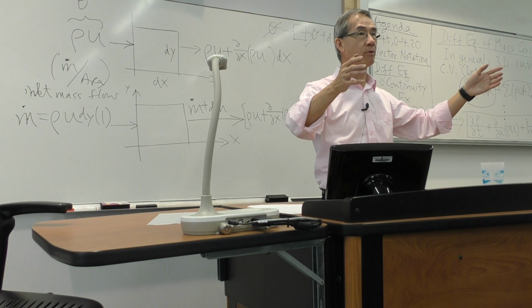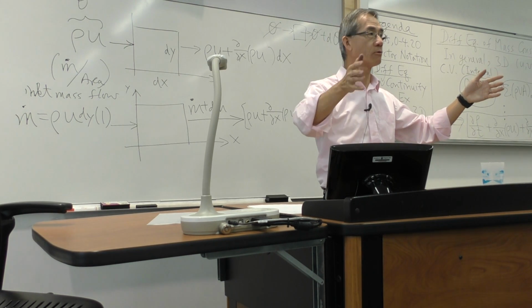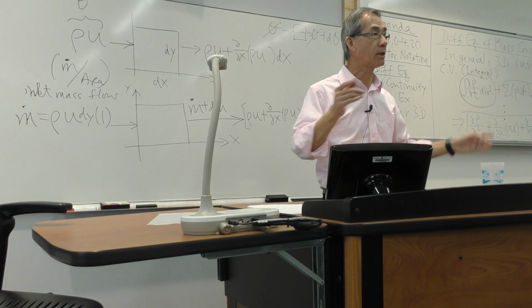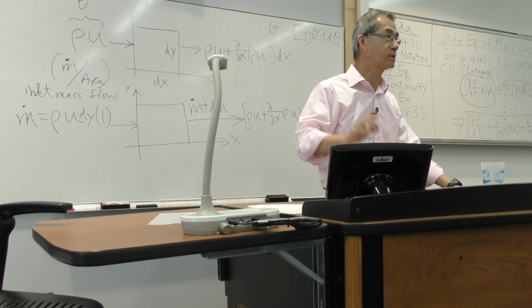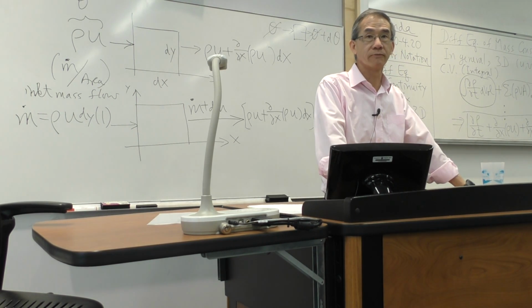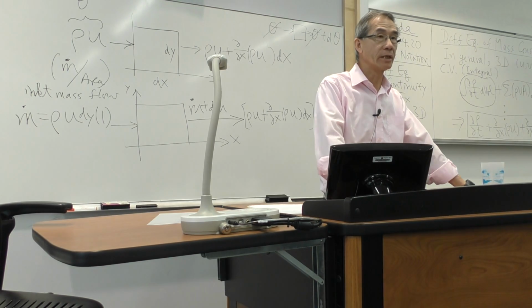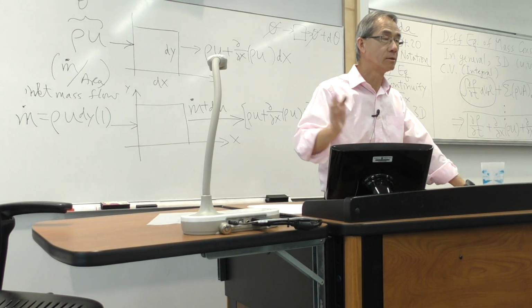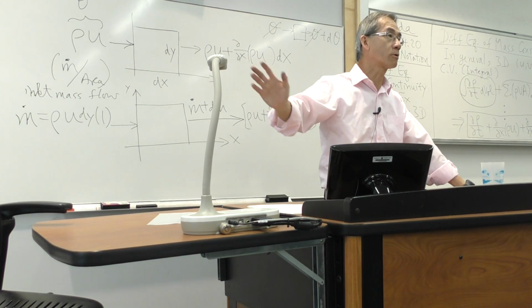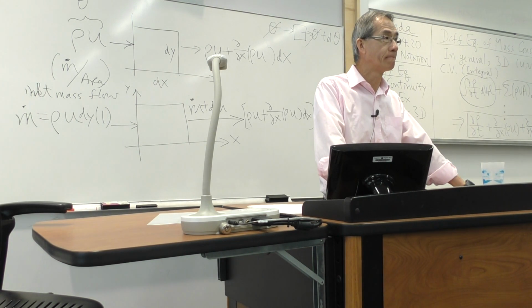Otherwise, if it's a steady problem, I don't care how viscous the flow is, what comes in must equal what goes out. So the pressure that you ask, and the shear and the viscous effect had no bearing on continuity whatsoever. That must be reminded. Okay? The only exception is when the flow is so viscous, what comes in doesn't equal what goes out. That's not a steady problem. Does that make sense? Okay.